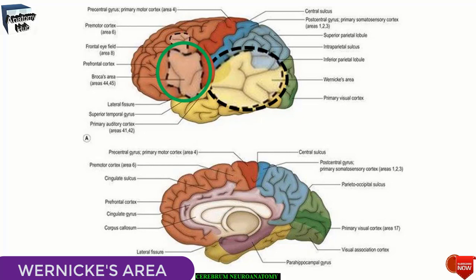Lesions involving both Broca's and Wernicke's speech areas result in loss of production of speech as well as loss of understanding of spoken and written speech. This condition is called global aphasia.